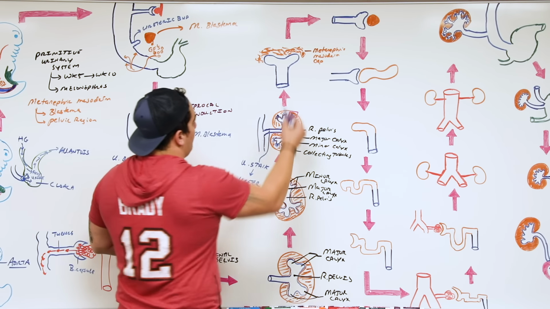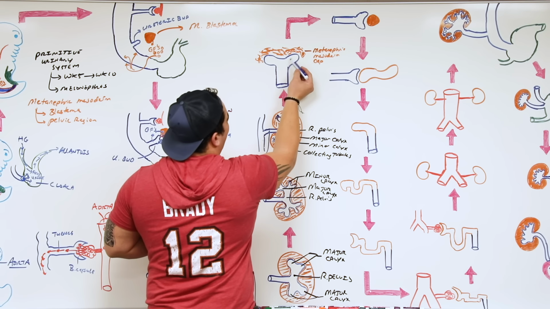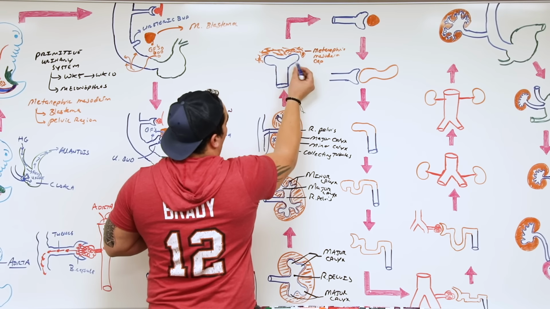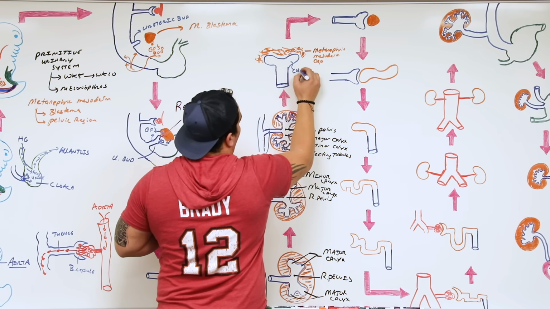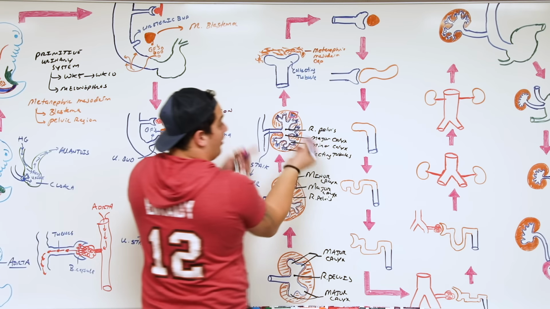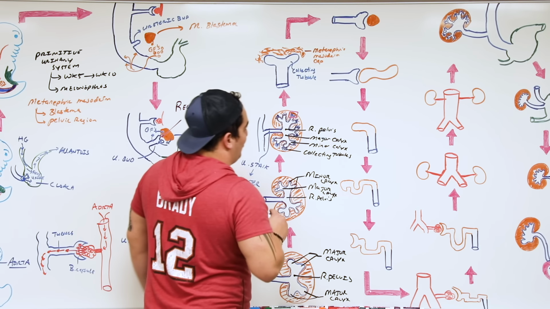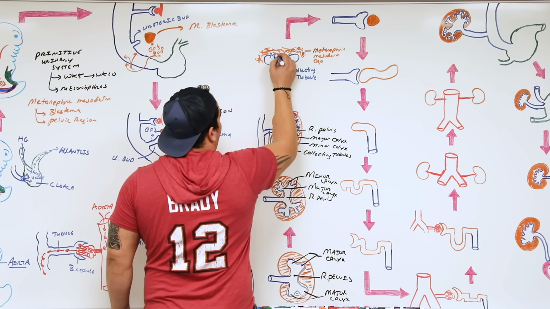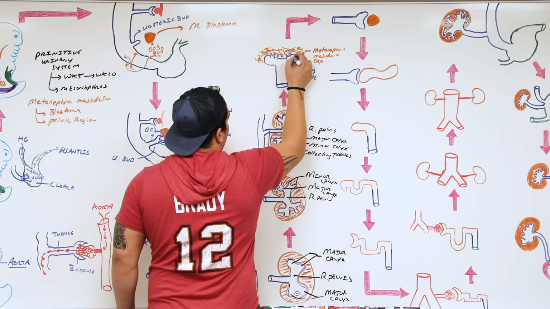Then, what is actually in communication, if you will, with this metanephric mesodermal cap? This is your collecting tubule. One of them, right? Now, what the collecting tubule does is, the cells of the collecting tubule start secreting lots of growth factors.